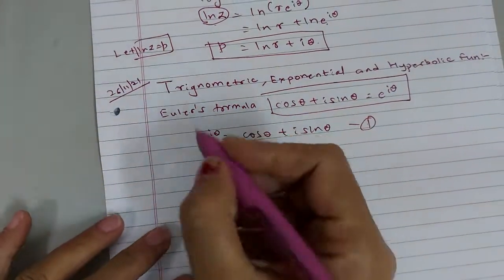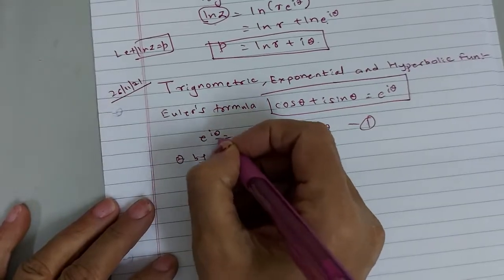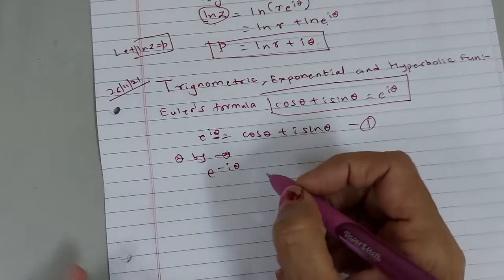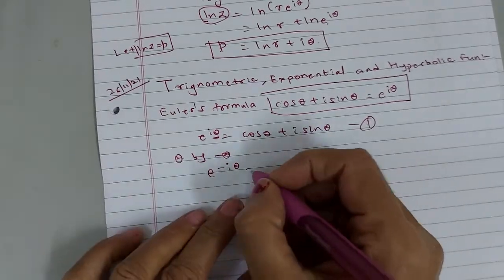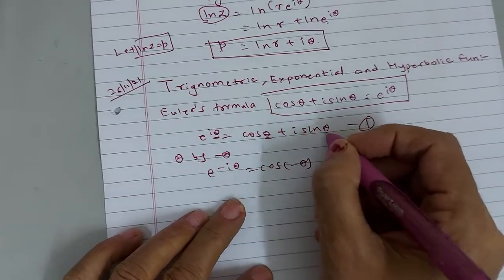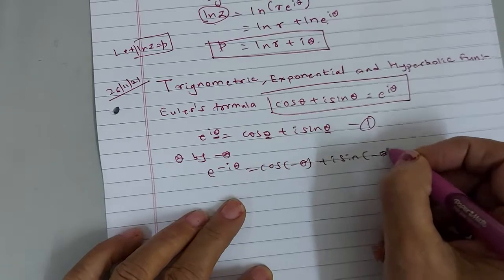Now suppose I replace this theta by minus theta, nothing much complication. What will this give me? e to the power minus I theta is equal to cos of minus theta, wherever you see theta, just replace by minus theta, plus I sin of minus theta.